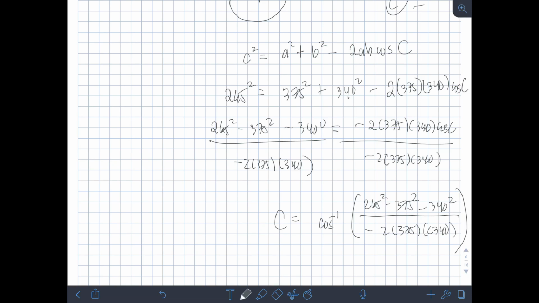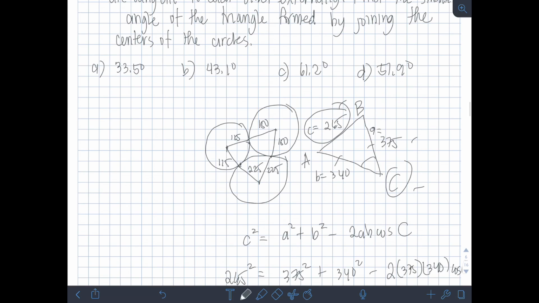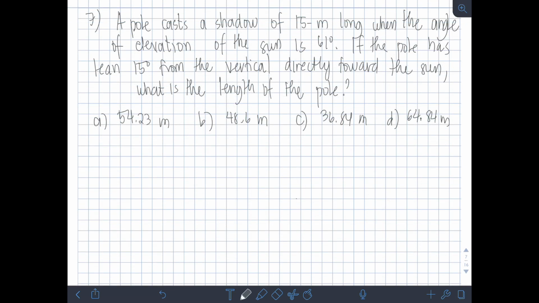So, using calculator, masasolve natin si angle C as 43.16 degrees. Okay, so the answer is approximately letter B.